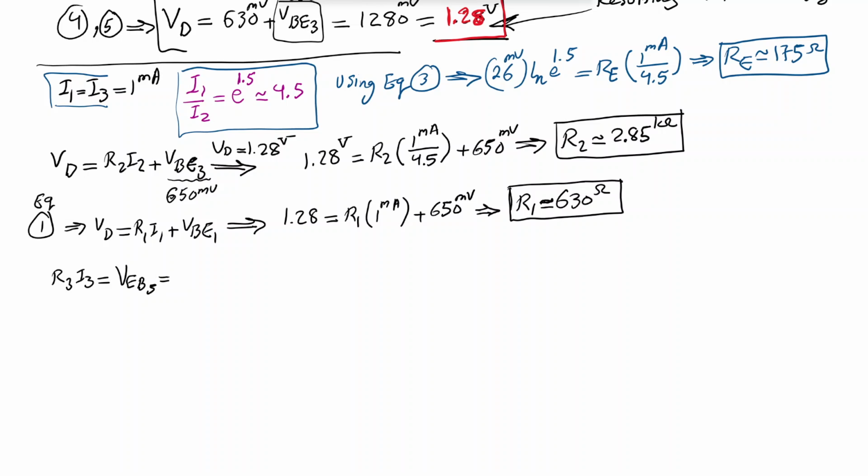And again, nominal voltage for that is roughly 650 millivolt. Again, our reference is at, let's say, room temperature, because we know the circuit will compensate for any adjustment in temperature. So R3 is unknown, but I3, as we assume, is equal to I1, so it's going to be 1 milliamp, and it's going to be 650 millivolt for the other one. So what we found is R3 is 650 ohm.